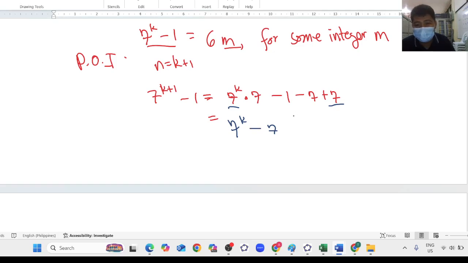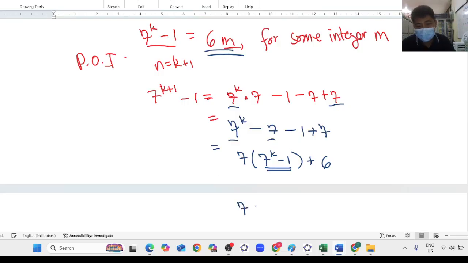Tapos yung natira dyan is minus 1 plus 7. So lalabas dyan is 7 times 7^k minus 1, then yung isa dito is magiging plus 6. Okay? And note that yung 7^k minus 1 natin, by hypothesis of induction, that is equal to 6m.